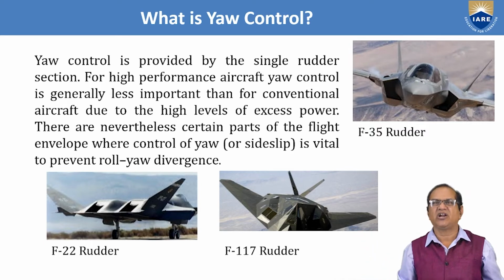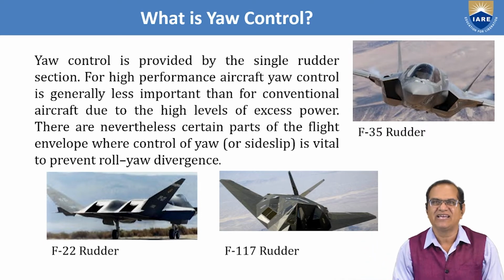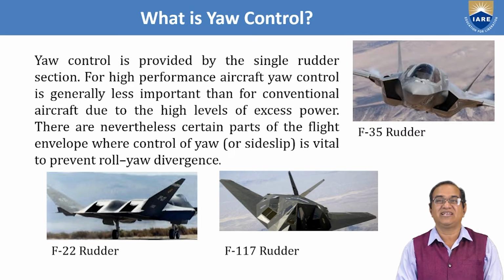So yaw control is provided by a single rudder section for high performance aircraft. Yaw control is generally less important than for conventional aircraft due to the high level of excess power. There are nevertheless certain parts of the flight envelope where control of yaw or sideslip is vital to prevent roll yaw divergence.